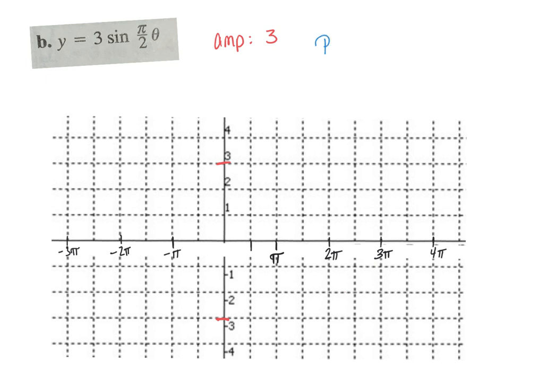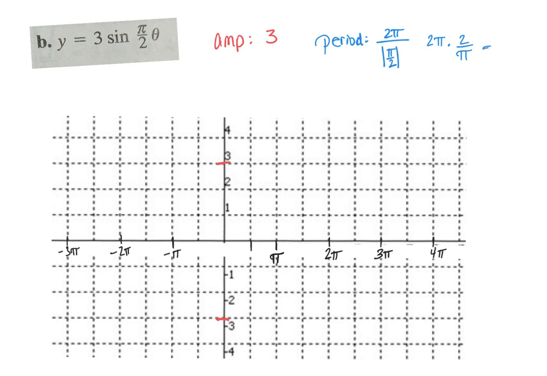Period. Period is going to be 2 pi over the absolute value of what? Pi over 2. All right. So, in this case, I have 2 pi times 2 over pi, right?